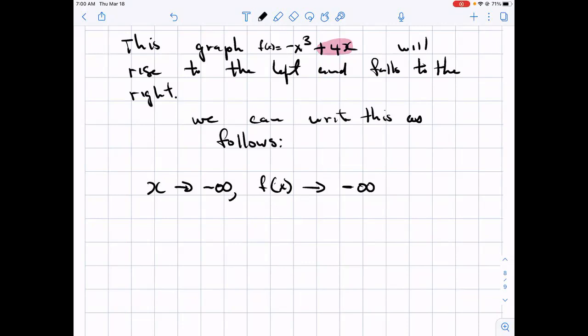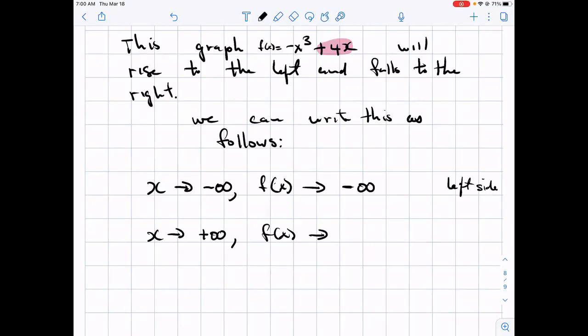So this is the left side. Now we do the right side. As x approaches positive infinity, f of x will also approach, did I do that right?